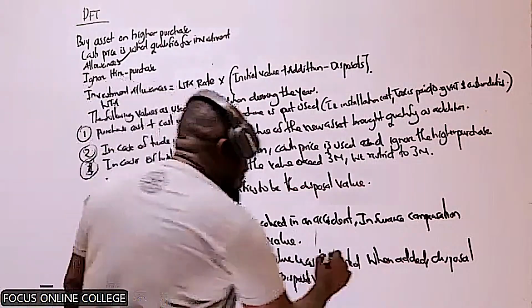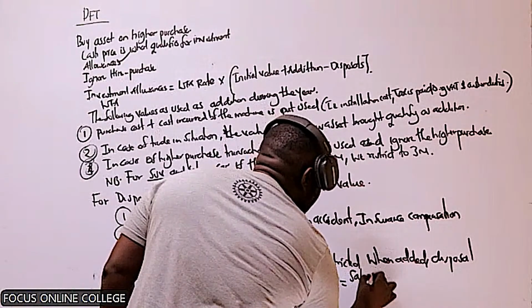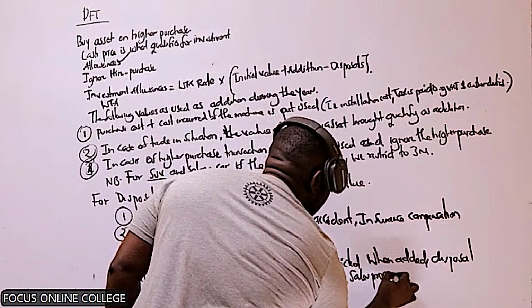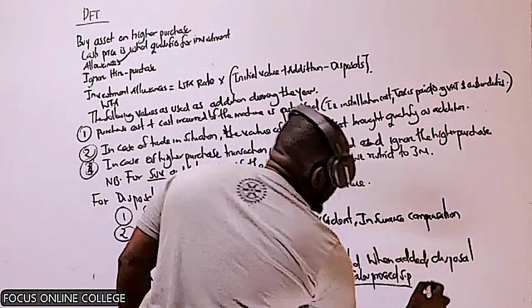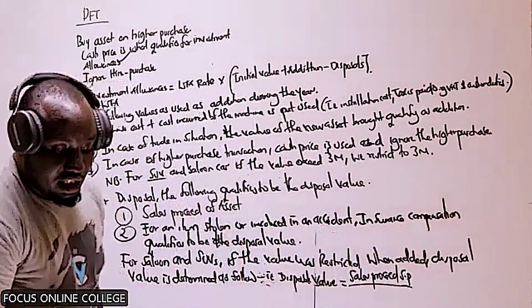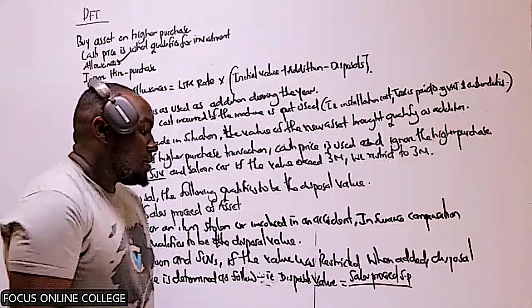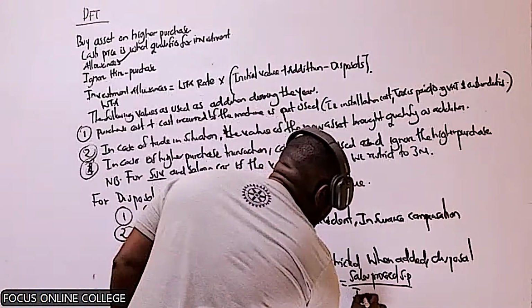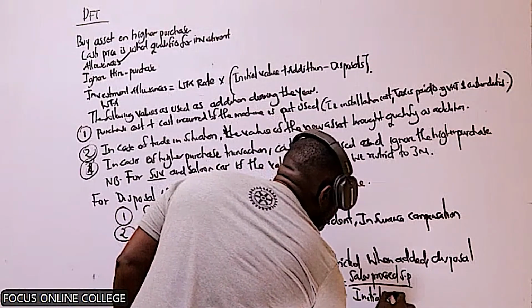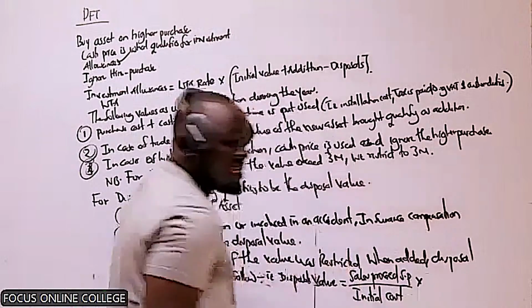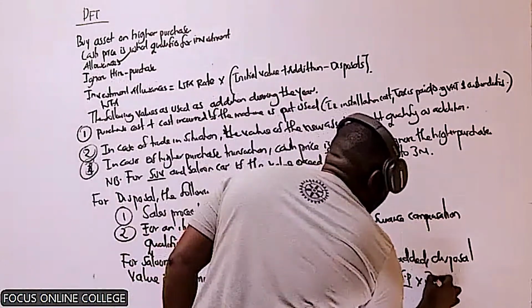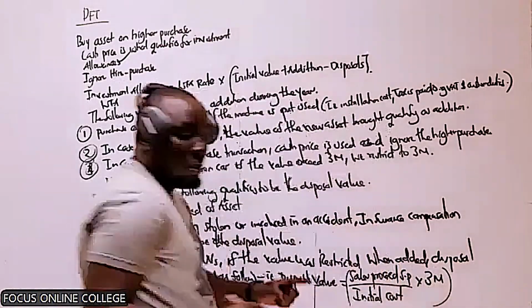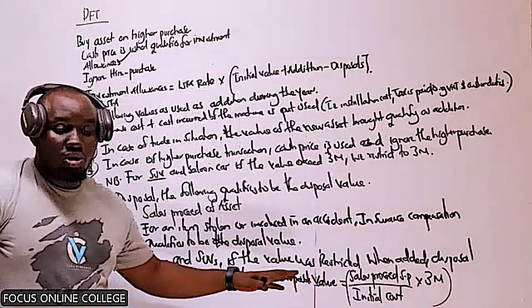the sales proceed, that is just the SP. The disposal value should be the sales proceed over the initial cost, times the restricted value, which is 3 million. Are we together here, team? I want us to understand this.